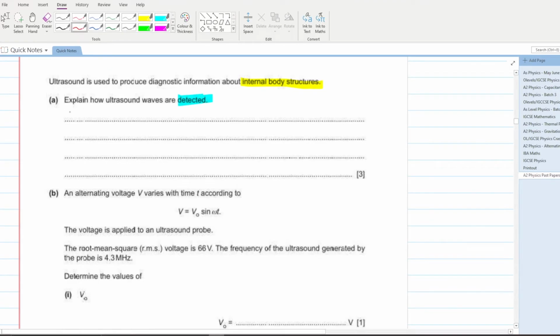Very, very easy. Ultrasound waves strike, or you can say hit, the piezoelectric crystal.